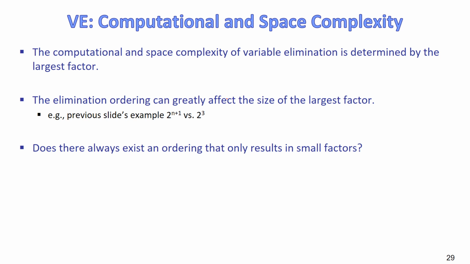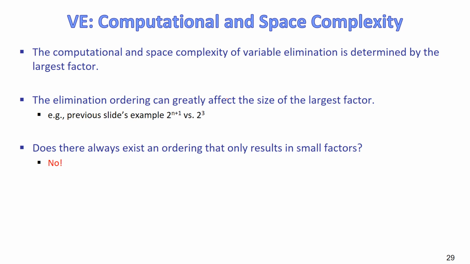The answer is no. We don't have such an order generally. You might be given a Bayes net that doesn't have any order of elimination of variables that gives you small factors. Or you might not have a trivial way to get such an order. There might be such an order, but we don't have an optimal way to get it.